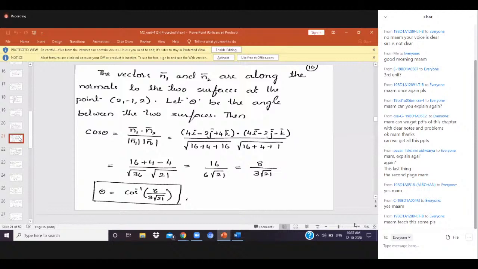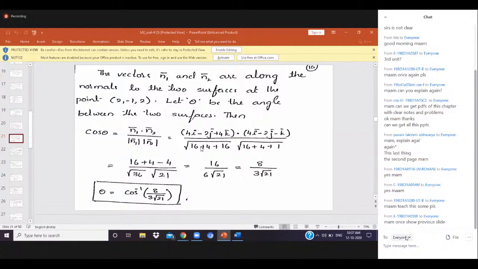So cos theta is equal to n1 bar dot n2 bar by modulus of n1 bar modulus of n2 bar. That is 4i bar minus 2j bar plus 4k bar dot 4i bar minus 2j bar minus k bar, by square root of modulus of n1 bar, 16 plus 4 plus 16, that is 4 square plus minus 2 square plus 4 square.